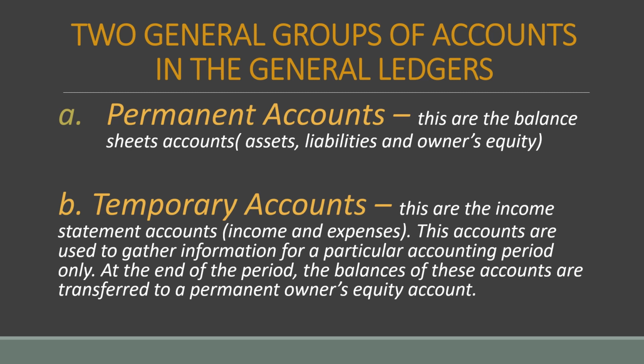Like what I have mentioned a while ago, the two general group of accounts that we usually see in the general ledgers are the permanent accounts and temporary accounts. So the difference between these two groups of accounts is that permanent accounts are usually the asset, liabilities, and owner's equity accounts. So the balances of these balance sheet accounts are typically forwarded in the next period. While in temporary accounts, these are the income statement accounts or the income accounts and expenses accounts.